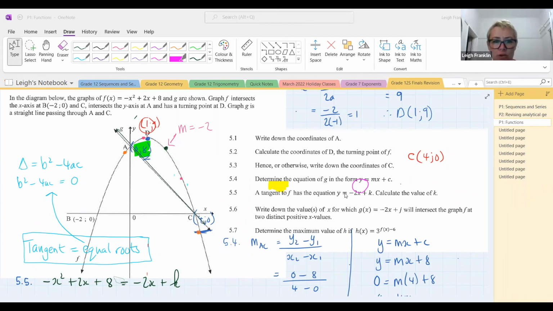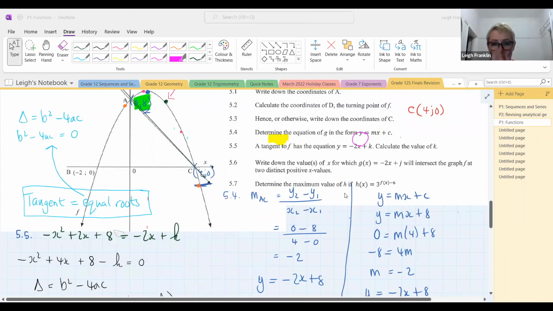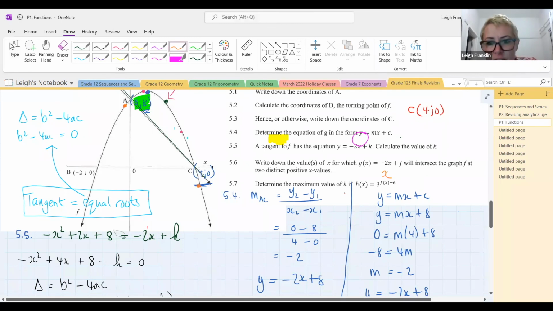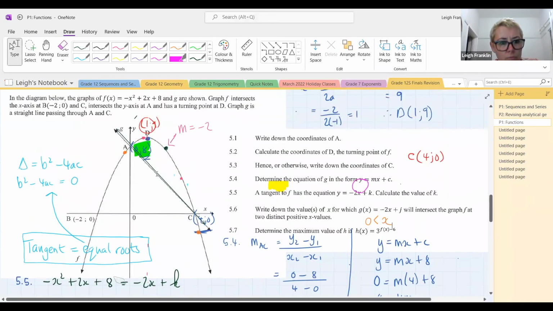Okay, so in other words, we have calculated that the values for which it will intersect at two positive places is when the number has to be bigger than 0. It has to be bigger than 0.